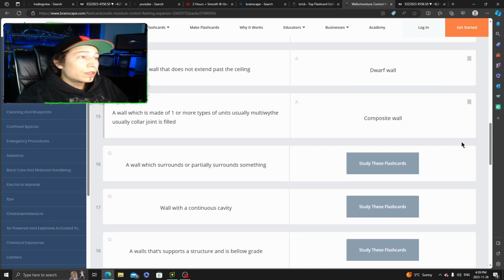Composite wall. A wall which is made of one or more types of units, usually multi-wythe. Usually the collar joint is filled.